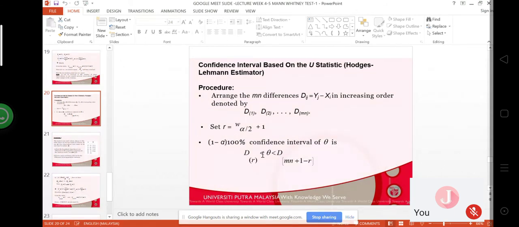The lower confidence limit of the difference between two population medians will be the Rth order of the difference. The upper limit will be the mn plus 1 minus R order of the difference. This is not new; you have seen this when computing the confidence interval for the difference between population medians using the Wilcoxon signed rank test.